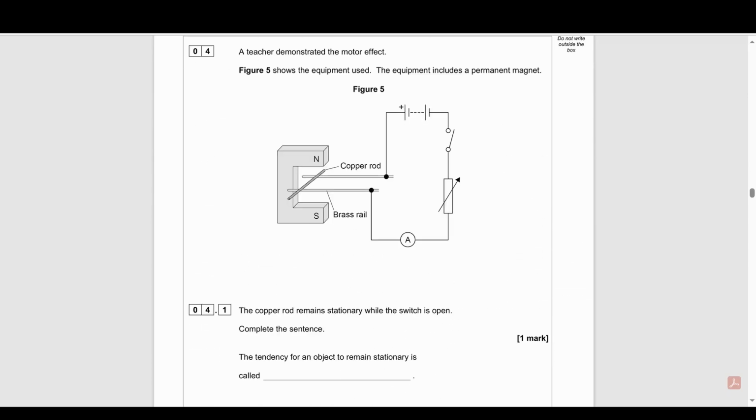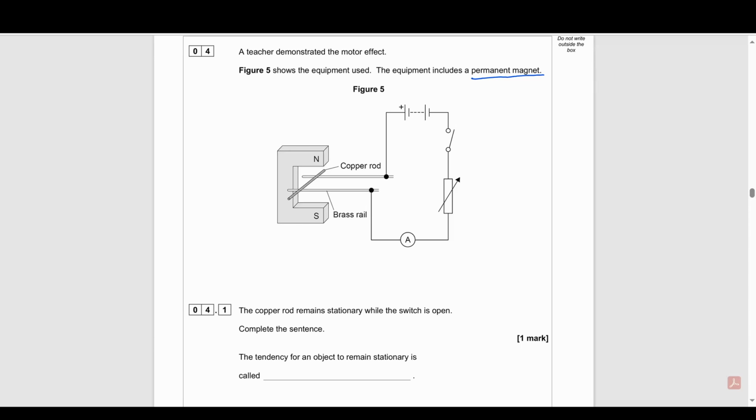Question 4. A teacher demonstrated the motor effect. Figure 5 shows the equipment used. The equipment includes a permanent magnet. So here's our setup, circuit, with an open switch, a magnet, and within the magnet there is a copper rod which is set on a brass rail. 4.1.